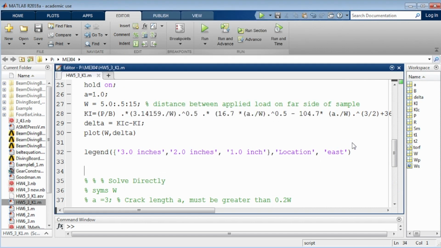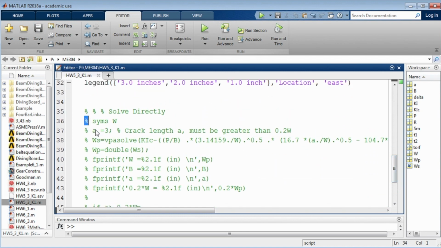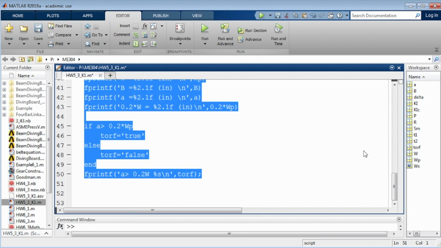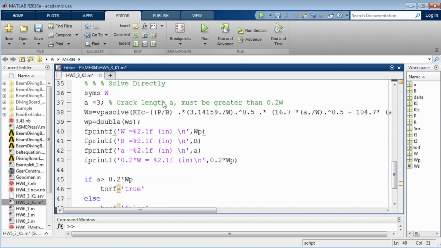Let's go on to the second way that I solve this. I'll uncomment this. So in this solution, I am using the command VPA solve. What VPA solve allows you to do is to define a symbol variable, in which I use the parameter W, and then we can give it an equation.